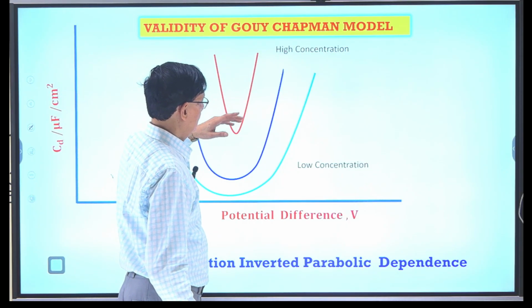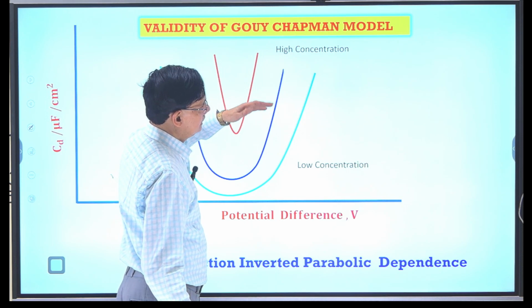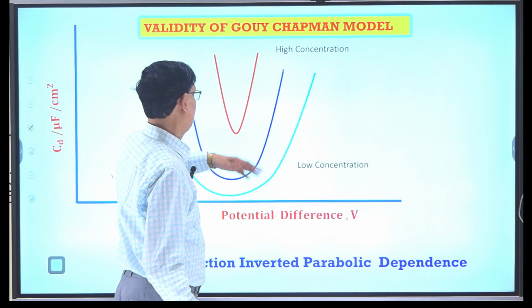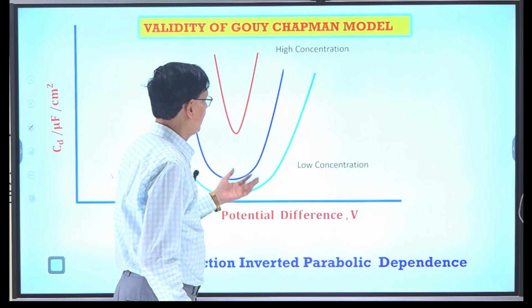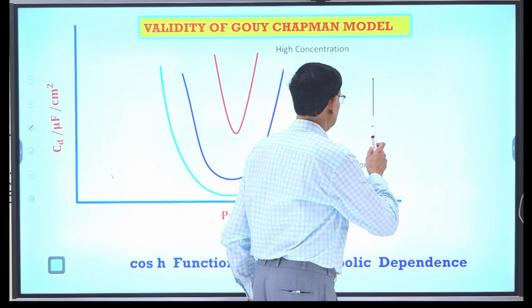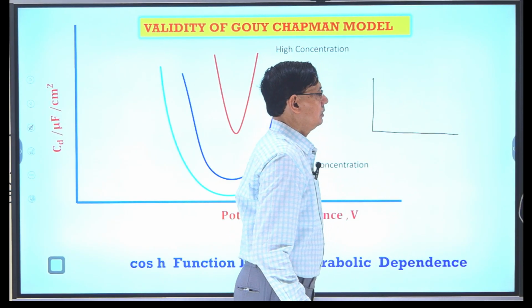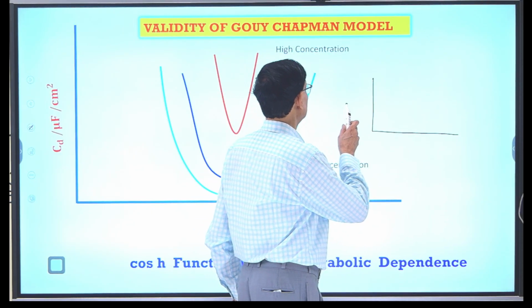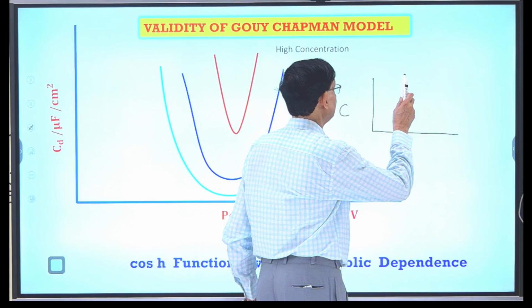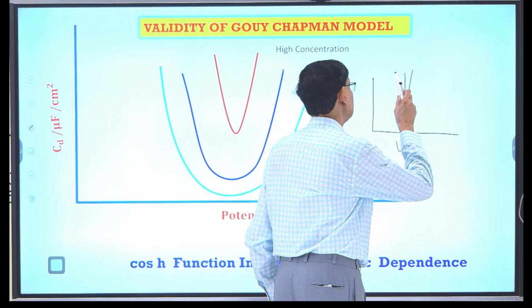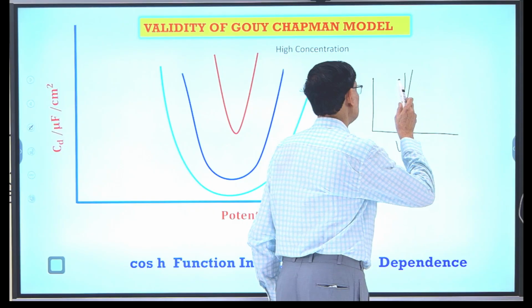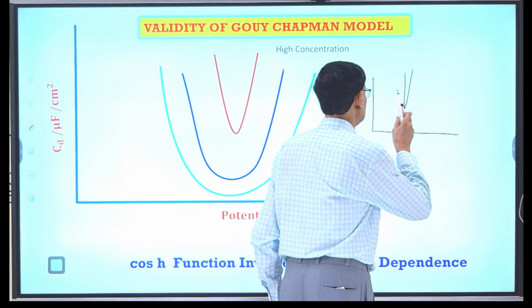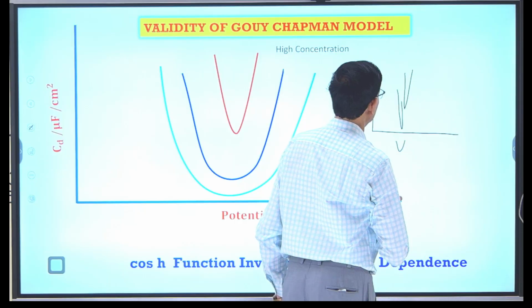If I change the concentration, there must be some increase or decrease, but here sometimes we are getting a maximum or minimum. When I saw that book of Bockris and Reddy, on capacitance and potential, just this type of curve is also there, for higher concentration and lower concentration.